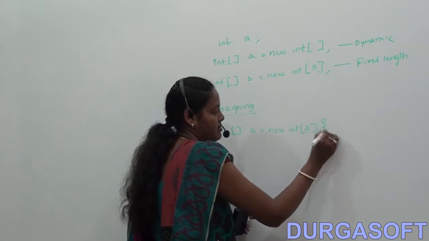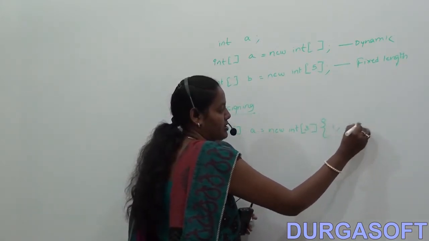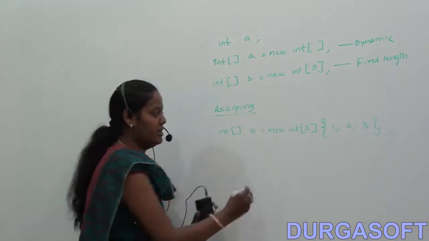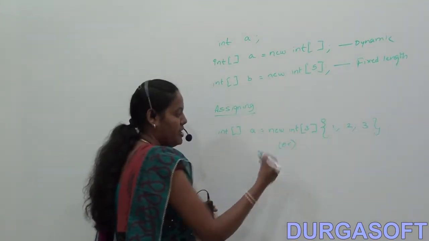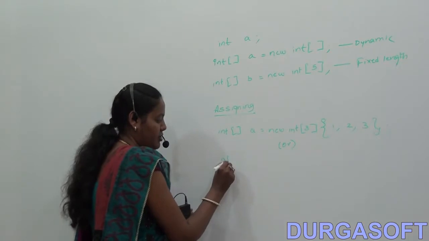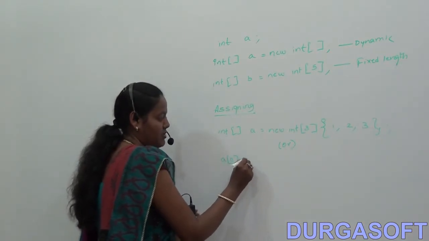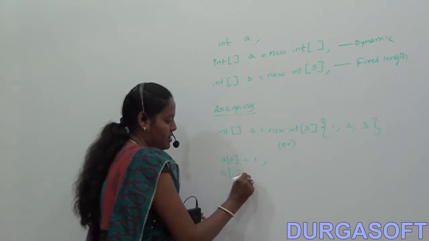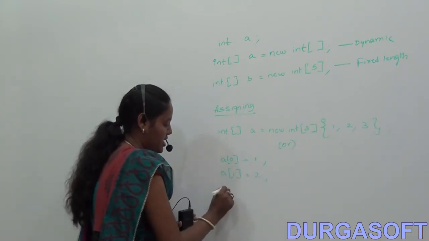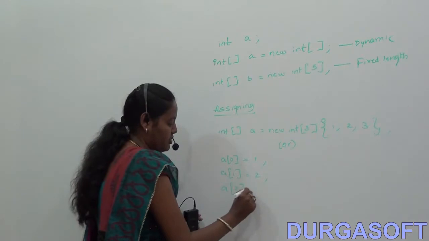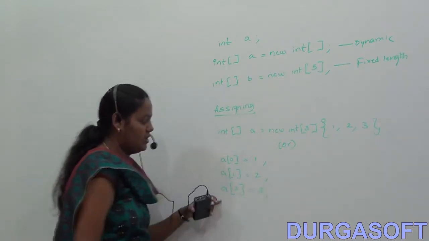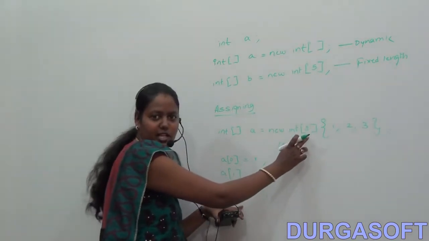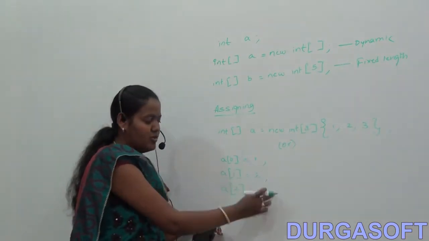You can directly write the elements in a single line, or based on the index: array name of 0 equal to 1, array name of 1 equal to 2, array of 2 equal to 3. That's it. Here you can't mention array of 3 because we have given the length as 3.